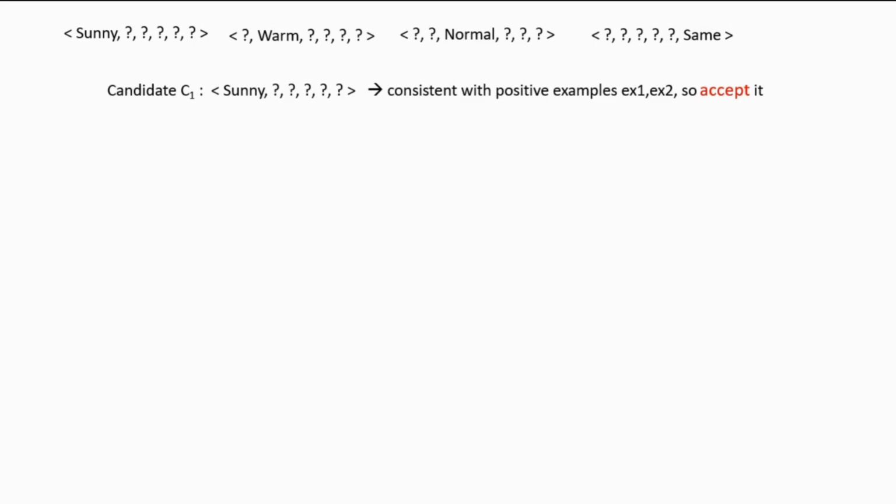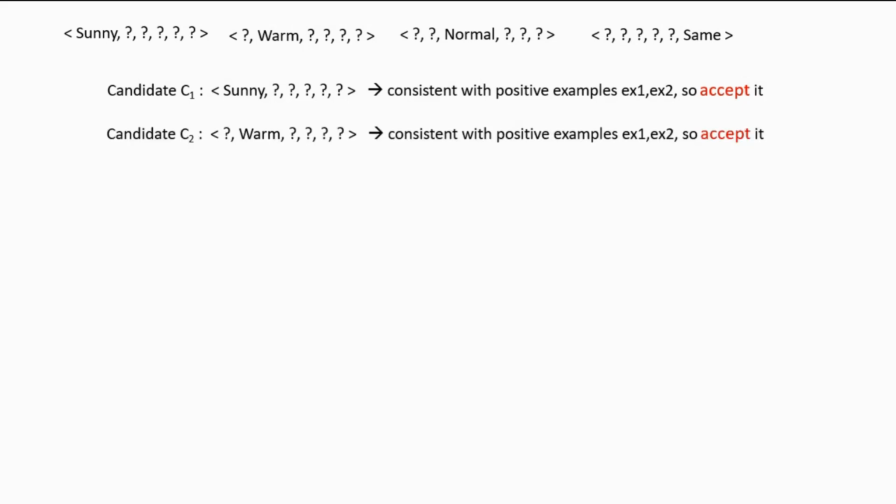Now this is the time to eliminate those candidate hypotheses which are inconsistent. The first candidate is sunny, all question marks. This is consistent with all positive examples, EX1 and EX2, so accept it, because in EX1 and EX2 the first value is sunny. So here we have to look at only that attribute. The second candidate is also consistent with the positive examples, EX1 and EX2, so accept it.